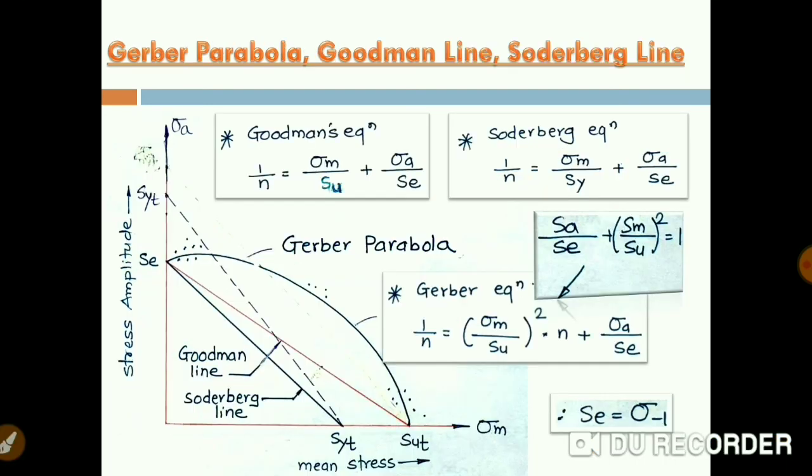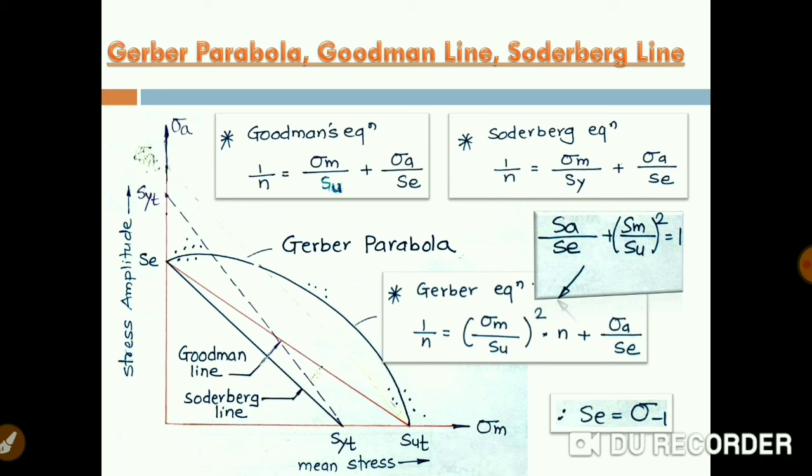Along with the Goodman line and Soderberg line, there is one more line, also known as Gerber's parabola. So there are three equations we will come across. One is Goodman's equation, 1 upon n is equal to sigma m by ultimate stress sigma u plus sigma a by Se.